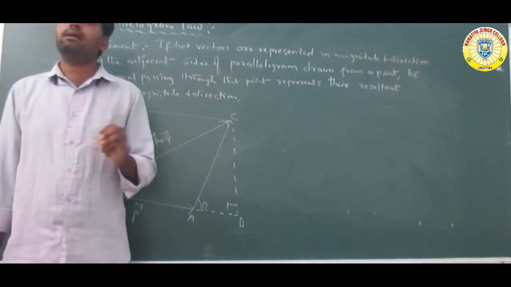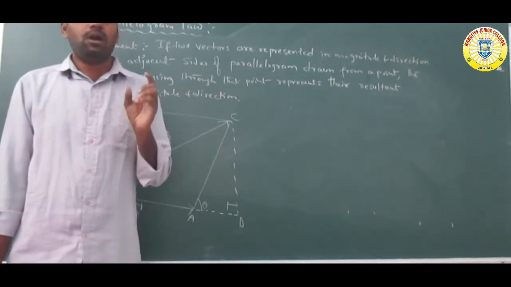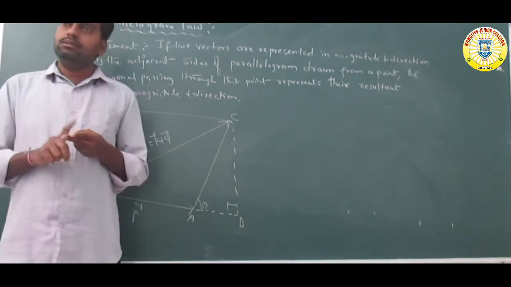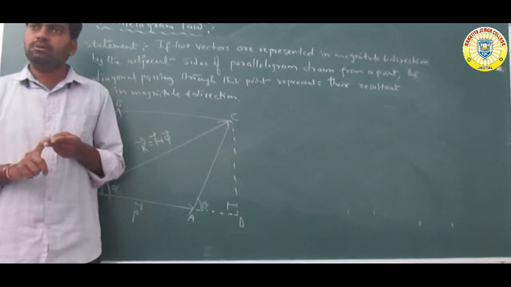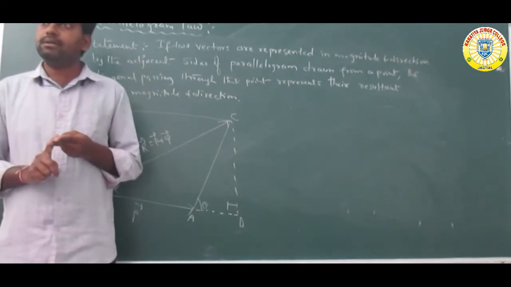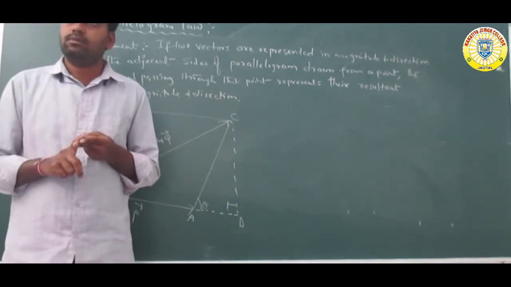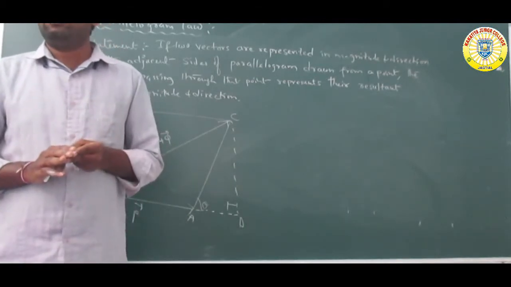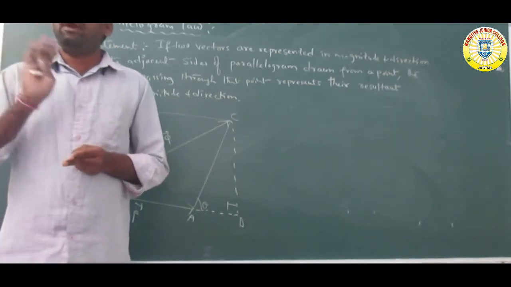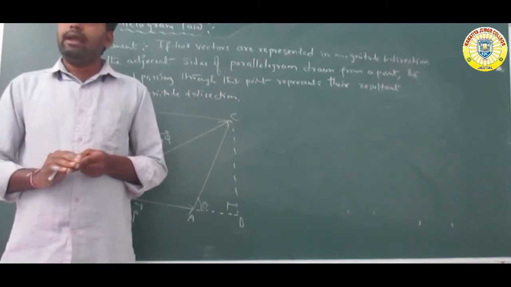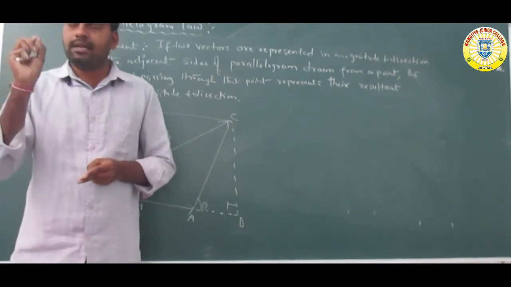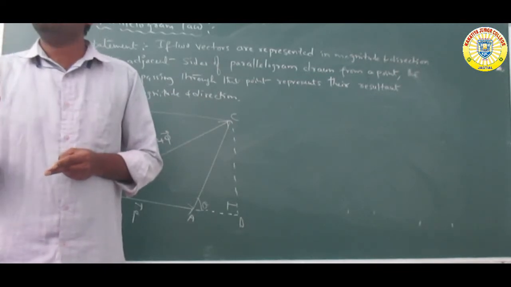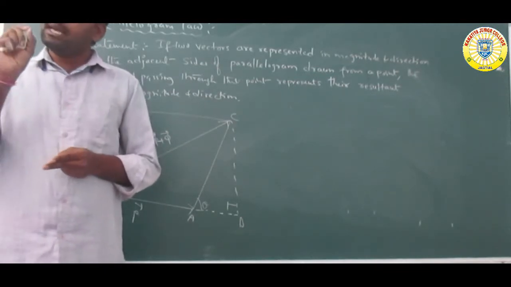What is the parallelogram law? It means, given two vectors P vector and Q vector, these two vectors are represented in magnitude and direction by the adjacent sides of the parallelogram drawn from point O, and the resultant vector R passes through the same point.